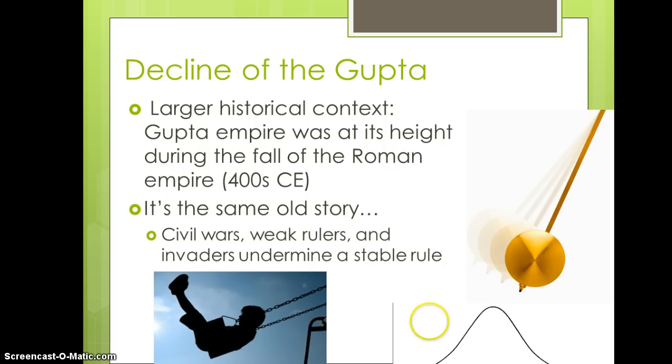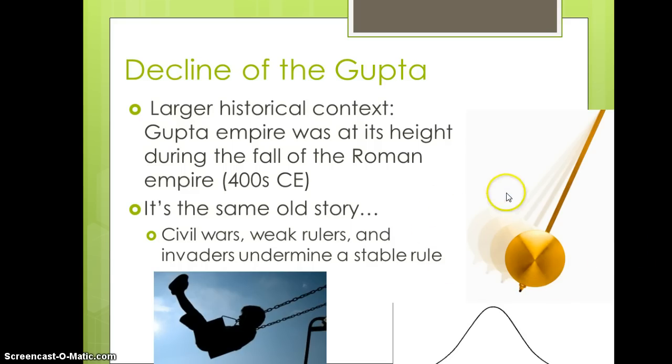Eventually, you have the peak, or the zenith, that's a fancy word, zenith, for civilization. So the Gupta Golden Age would be considered the peak of Indian culture. And then eventually, at some point, it has to swing back the other way, or it has to go down that hill, or the clock has to swing the other way.